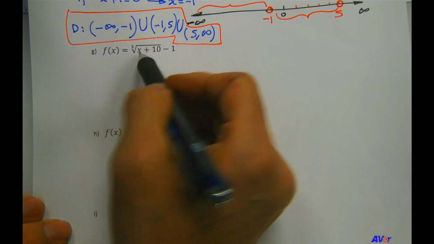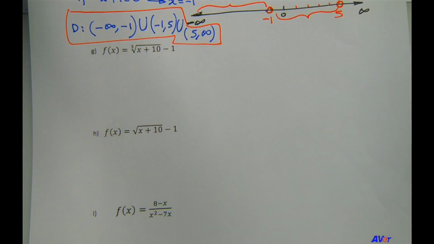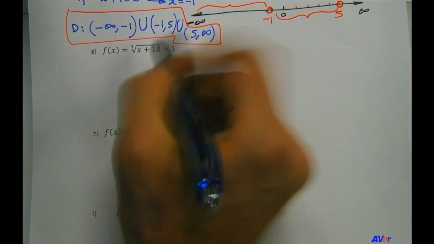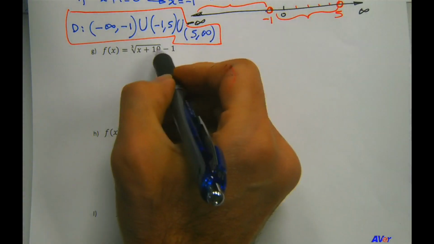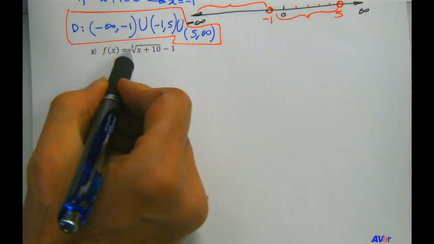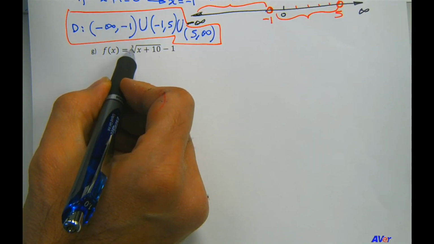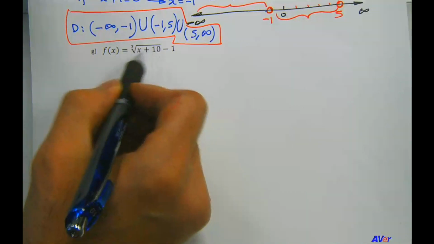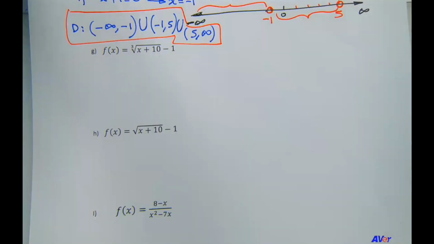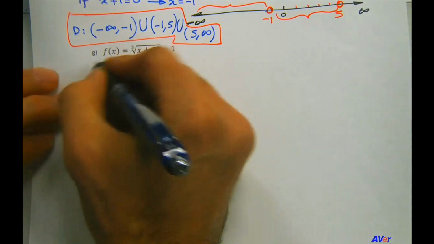So here we have something really interesting. Even though we have a root, a radical expression, it's a cube root. It's an odd root. Okay? For an odd root, we are allowed to have negative and positive inside the radical. Let me write that down.